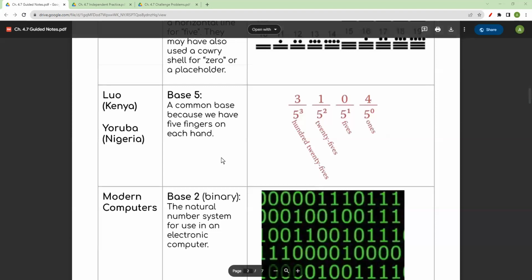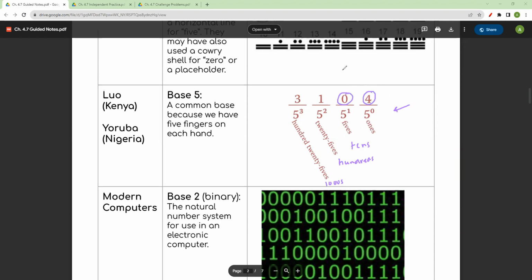So here is a preview of what we're going to be talking about today, where we have ones, tens, hundreds, and thousands. They're using base 5, which means this is going to be their ones, this is going to be their 5s.